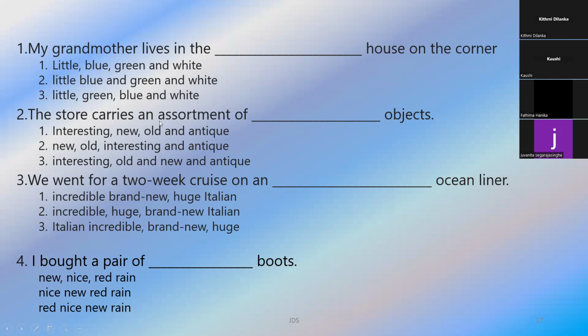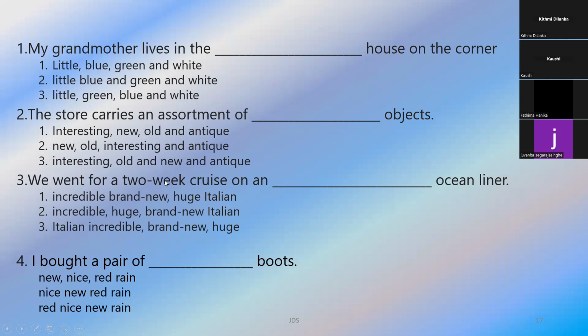Second one, the store carries an assortment, a collection of what kind of objects? Interesting, new, old and antique objects. New, old, interesting and antique objects. Interesting, old and new and antique objects.